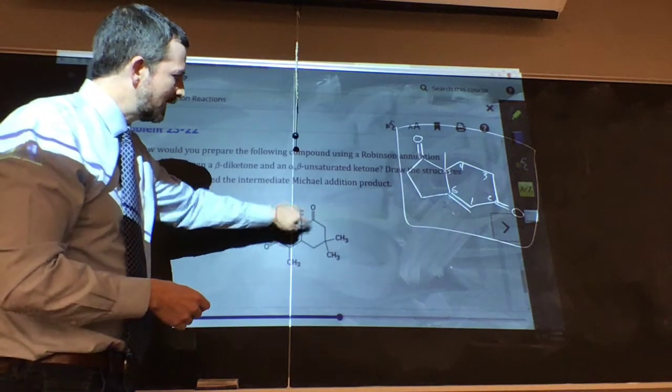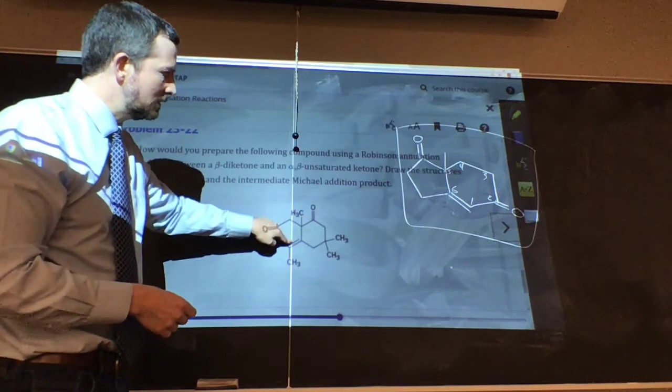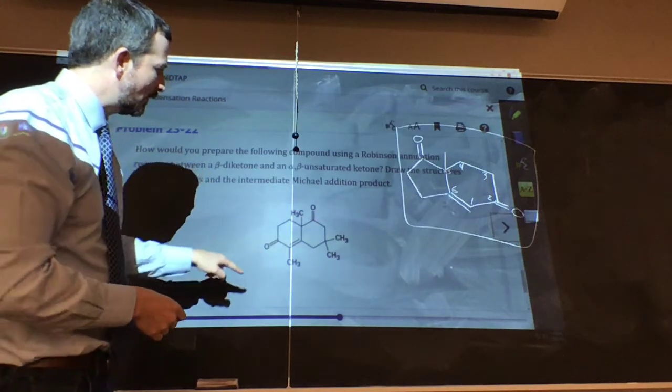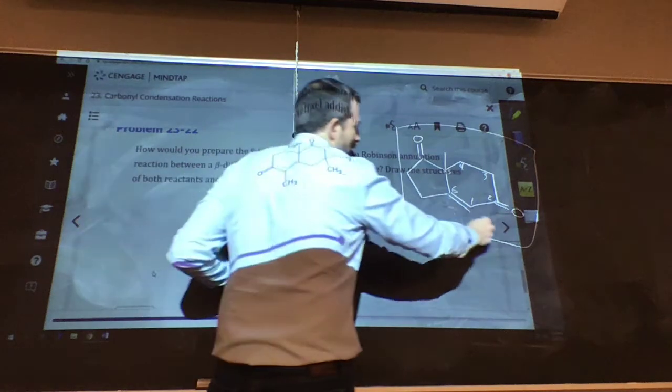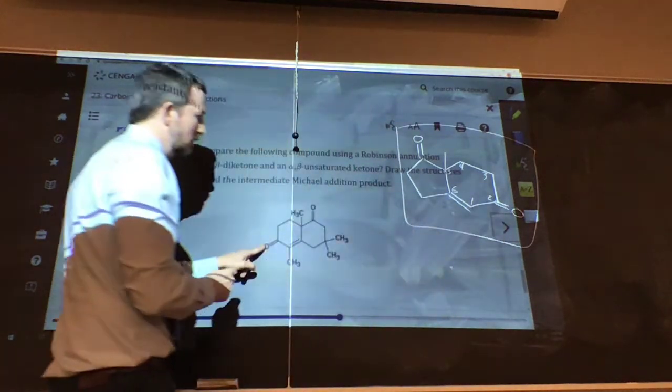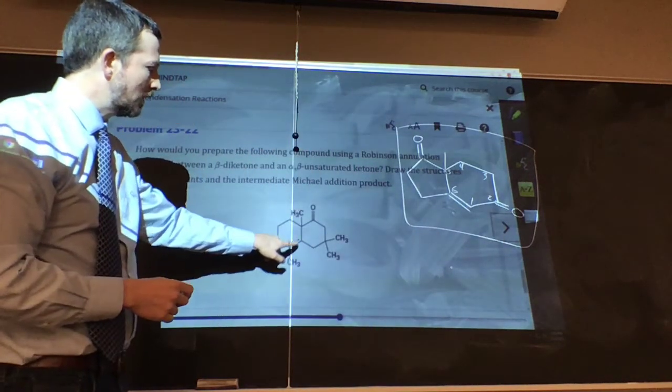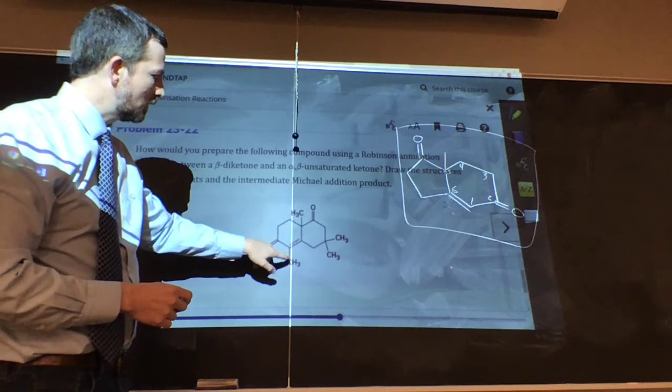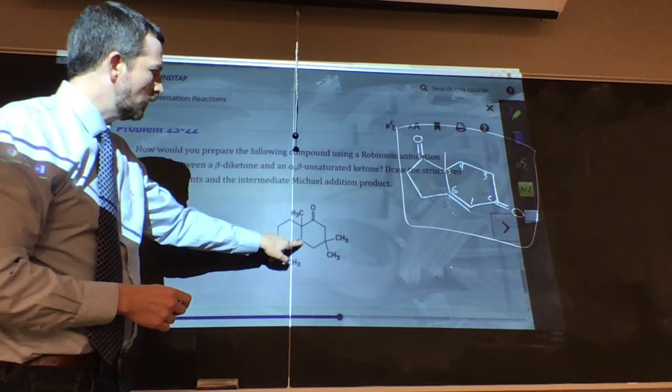So this could be my dicarbonyl portion, right? And you always end up with this conjugated ring here. And so if I took that apart, and this was my dicarbonyl compound, this would have been my OH group.